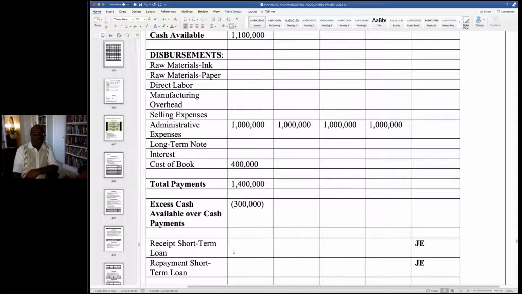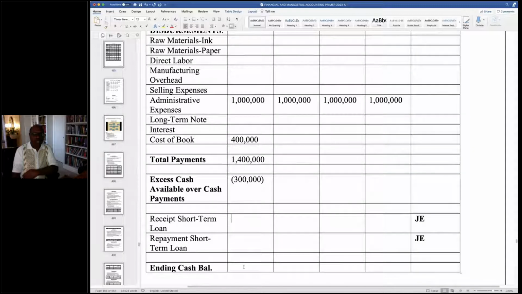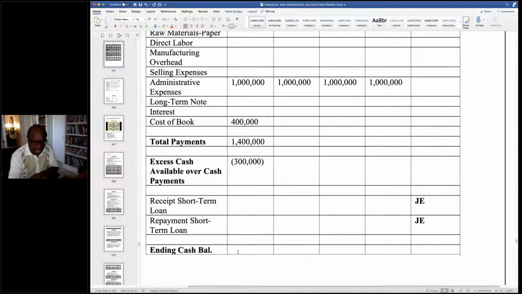So how much of a short-term loan do we need to keep our doors open? 300,000. Well, if we got 300,000, our ending cash balance is zero. If we set our ending cash balance to always be 100,000, how much of a short-term loan do we need? 400,000.